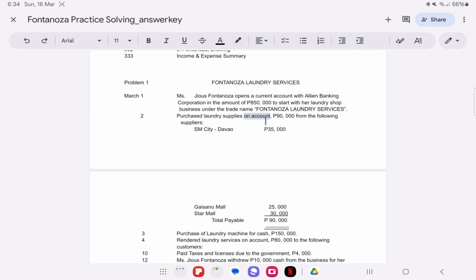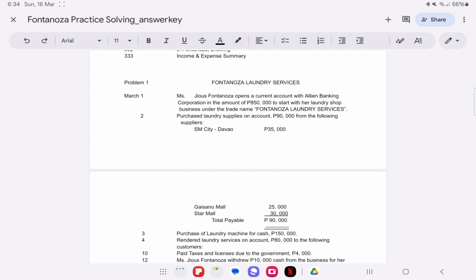So always remember, if you read on account, that's accounts payable, so that's an oral promise to pay. You are promising to pay that in the future according to the due date, so it depends upon the negotiation in the business, when you want to pay.